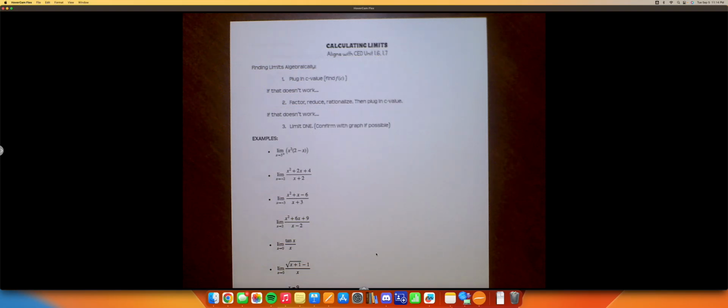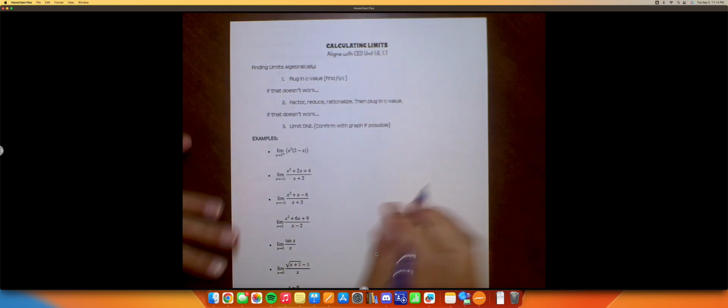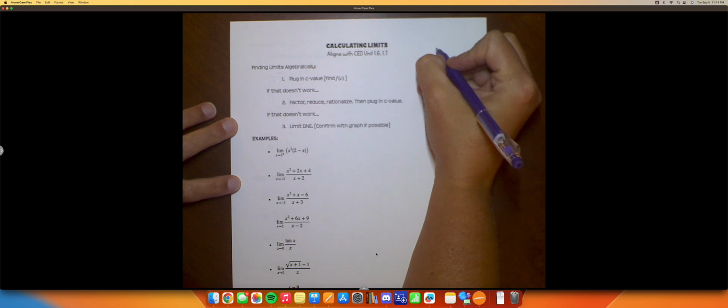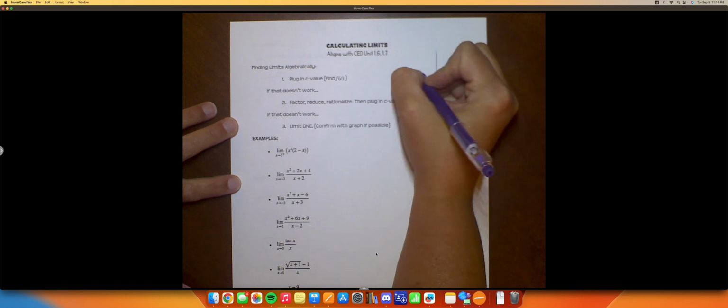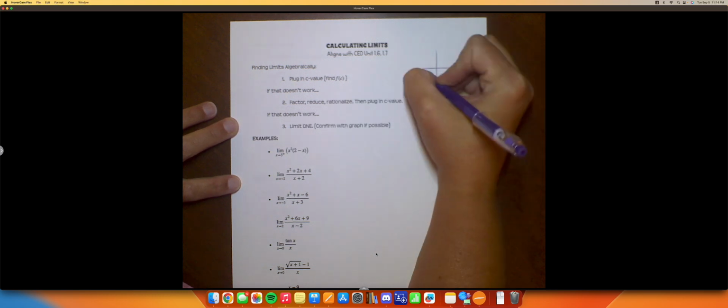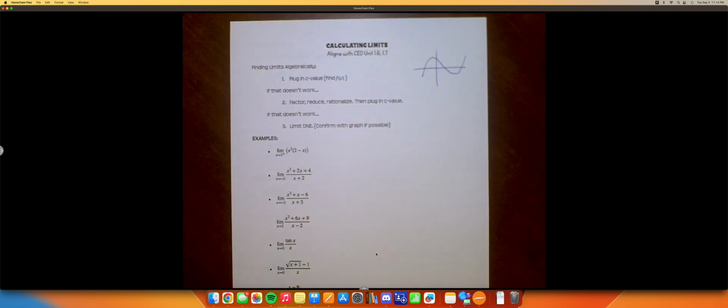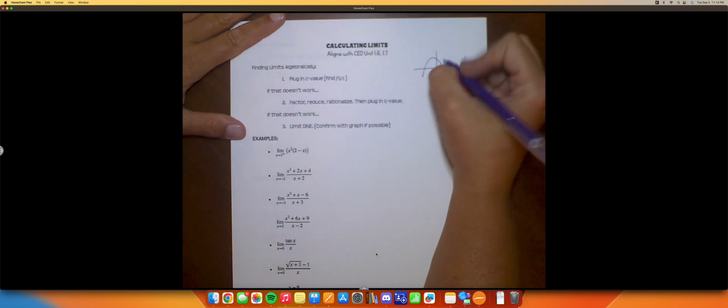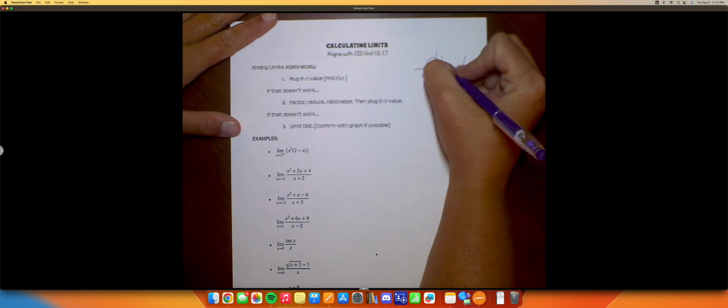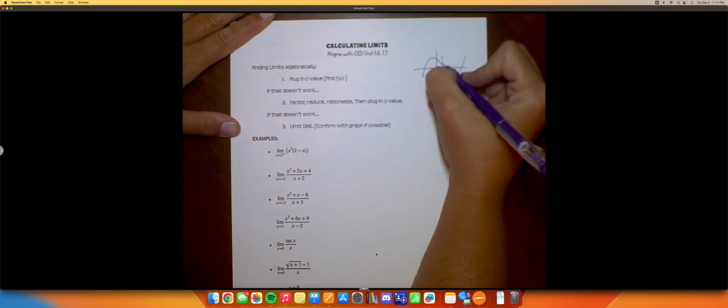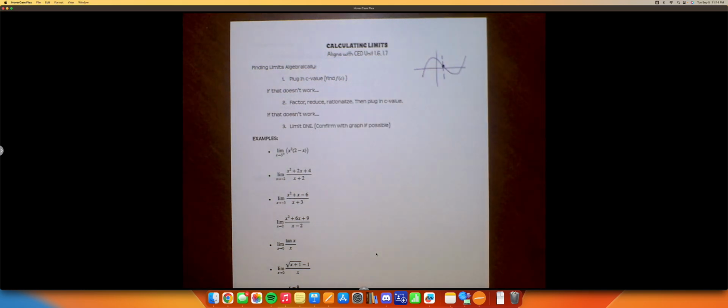And so the good news is, a lot of the times this is easy, okay? Because if you have a nice continuous function, so that's what I'm going to draw here. Okay, if I have a nice continuous function like this one, and I'm looking for a limit as x approaches, whatever this x number might be, I should be able to find that limit by just taking this x value and plugging it into the function, okay?